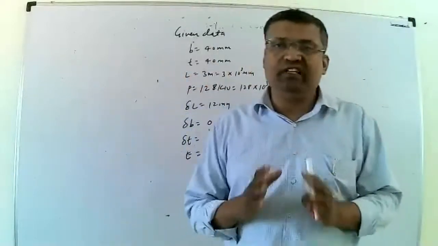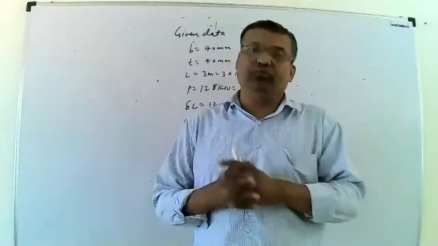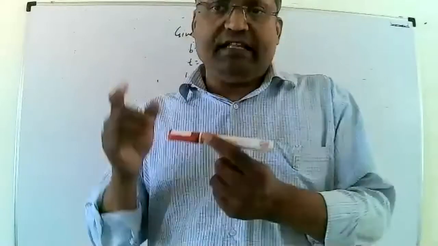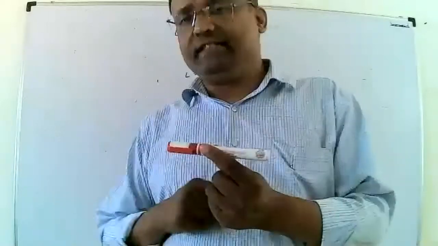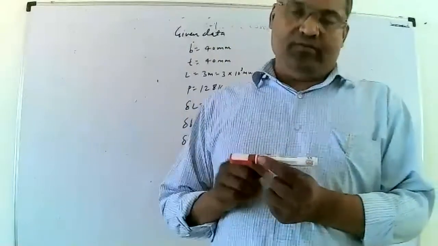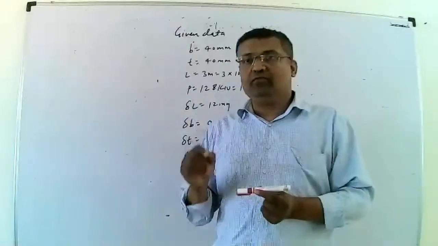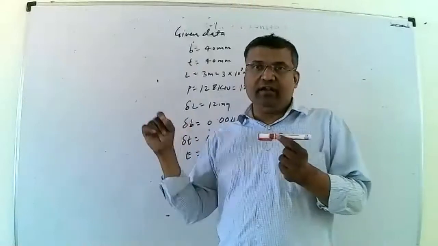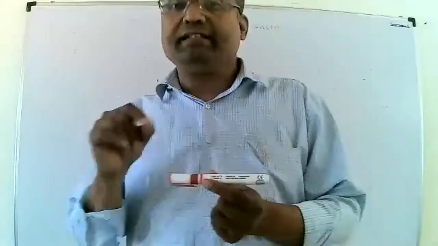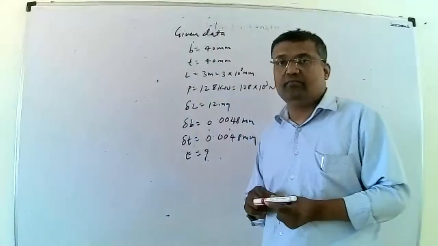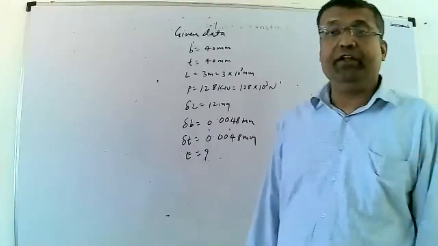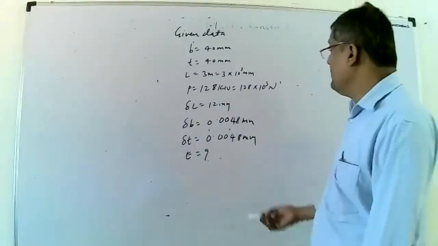Axial pull means the load whose line of action coincides with the axis of the member, that is said to be an axial load. It means the tensile load passes through the axis of the section. It is represented by 128 kilonewton.